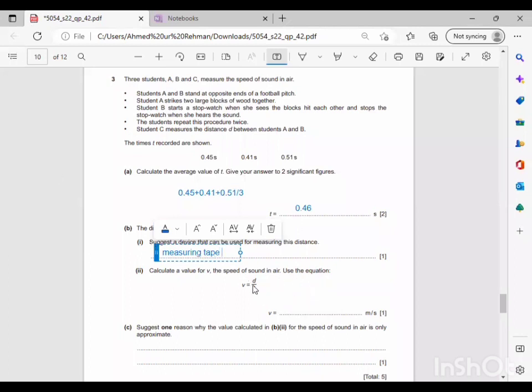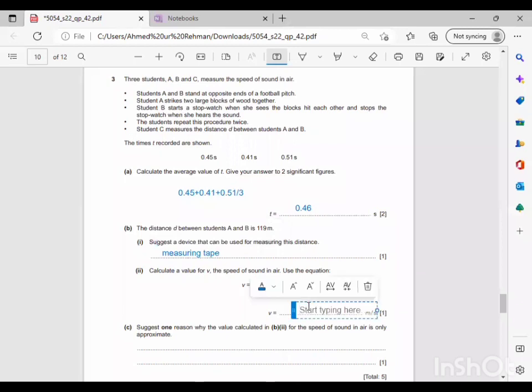Calculate a value for V, the speed of sound in air. Use the equation. Okay, so D is 119, time is 0.46. So 119 divided by 0.46 gives me 258.69565. I'll round it off to 259.